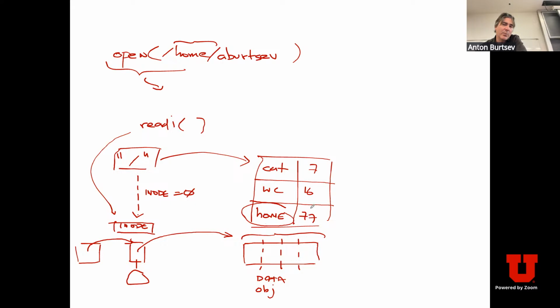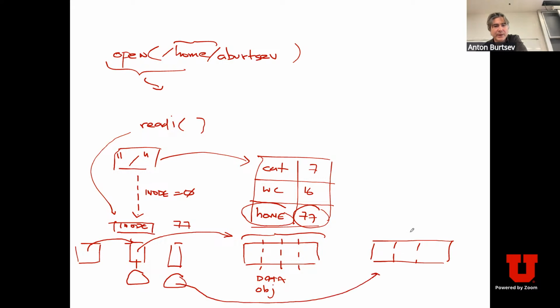It reads the home. It says, okay, it's inode number 77. It then reads inode 77 from the file system. Inode 77 also has some number of blocks. So it has a tree, and essentially it will be pointing to this one.